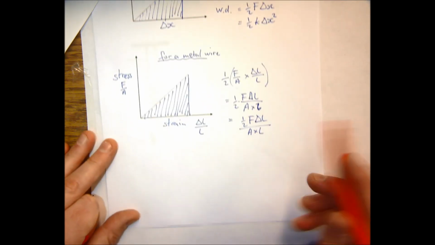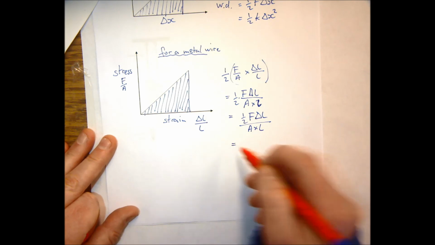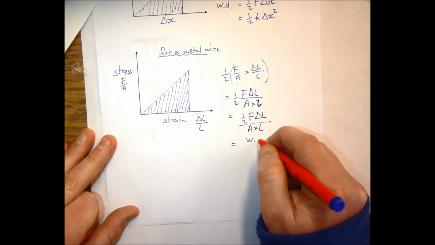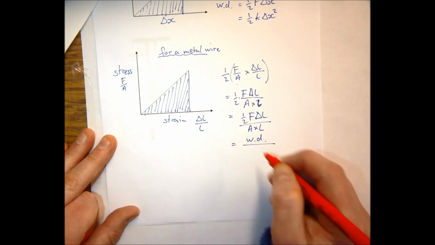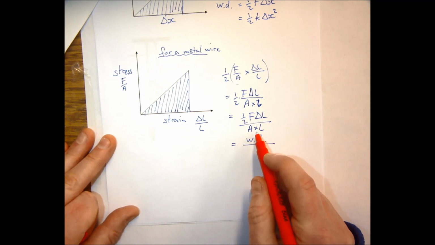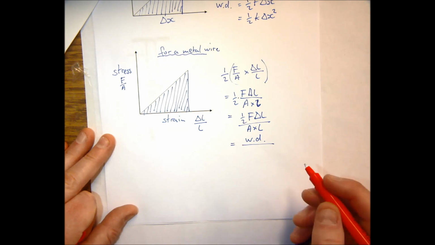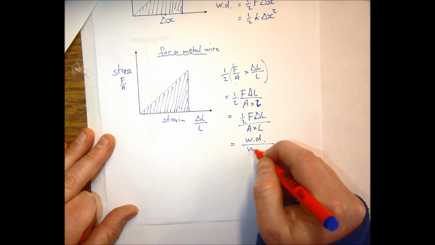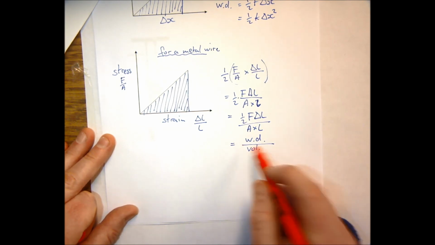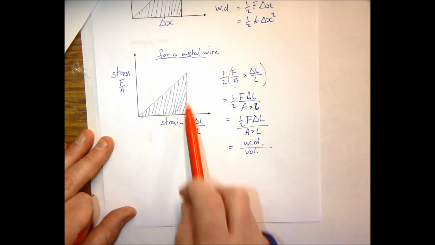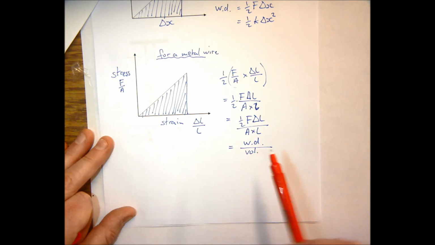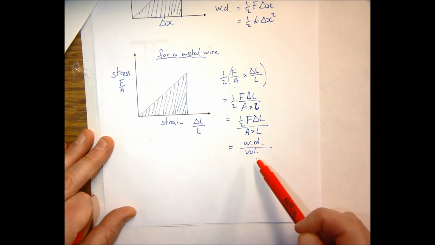So you can see here that on top we have the work done on the wire, divided by the area times the length, where an area times the length is a volume. So what we have for a wire is that the area underneath the graph is actually the energy stored per unit volume.